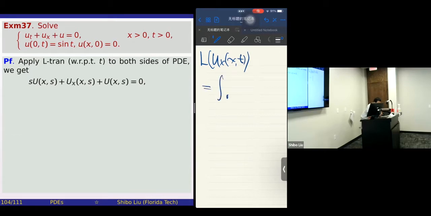By definition, it is the integral of e^(-st) u_x(x,t) dt, right? We are doing everything with respect to t. Therefore, x you can consider as a constant or parameter. Okay. Now, taking the derivative can move out of the integration.